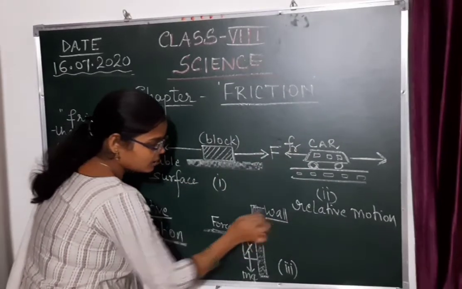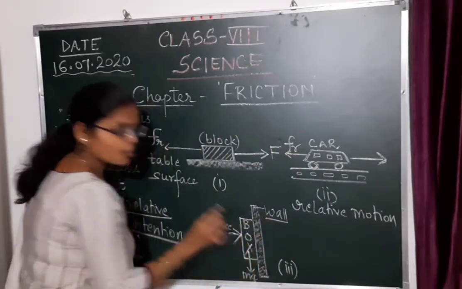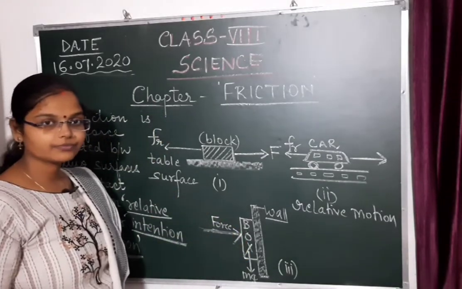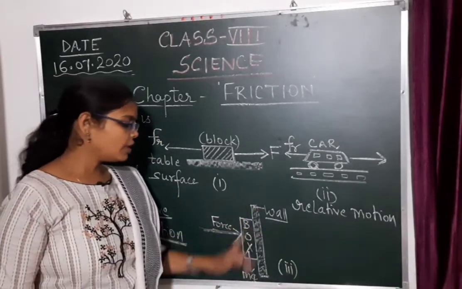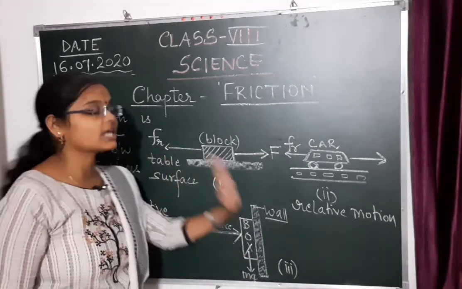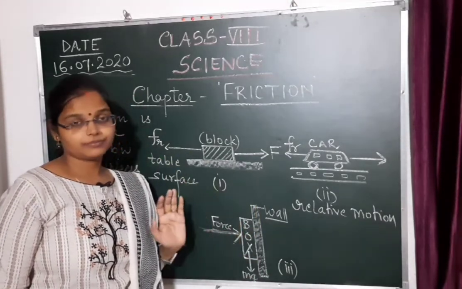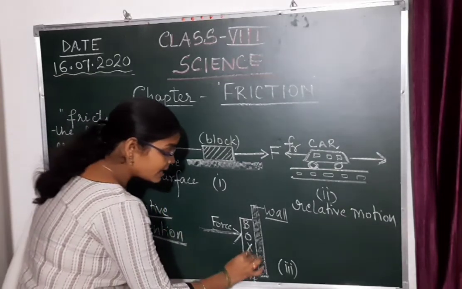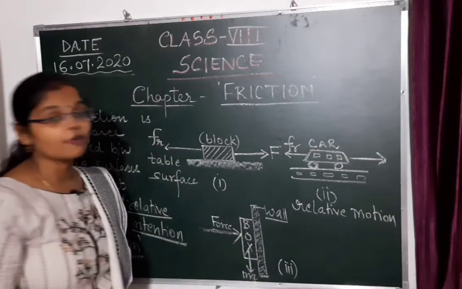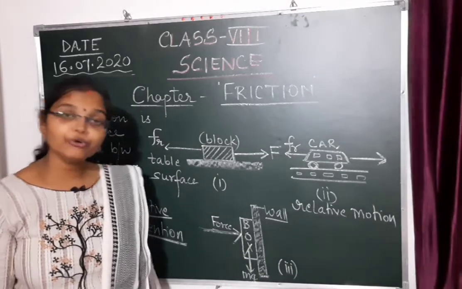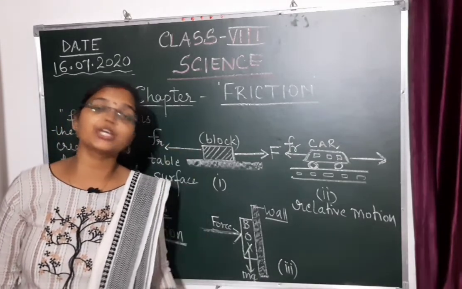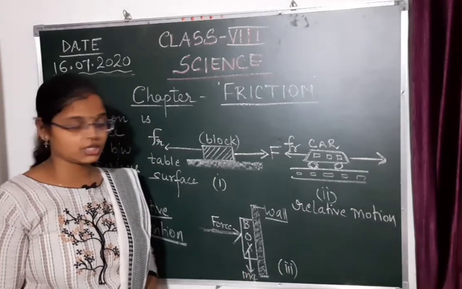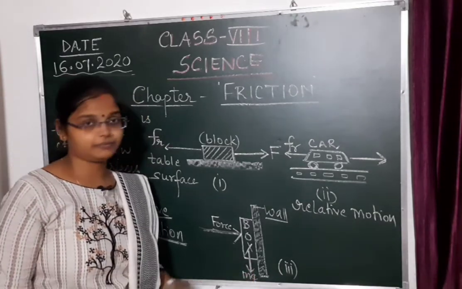This is the wall and this is a box or a duster. I am applying force on the duster so that the duster will not displace or it will stick to the wall. But there will be some weight of the duster or the box, and you know that the weight is the gravitational pull of the earth. It will act in downward direction and it will be mg.